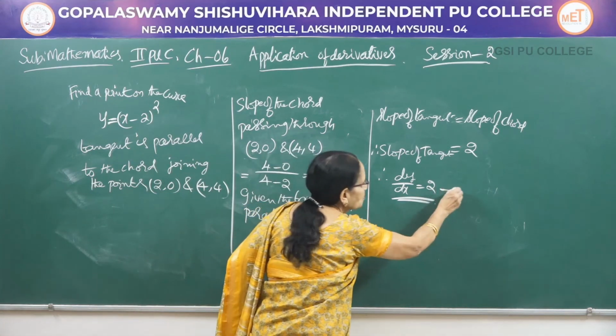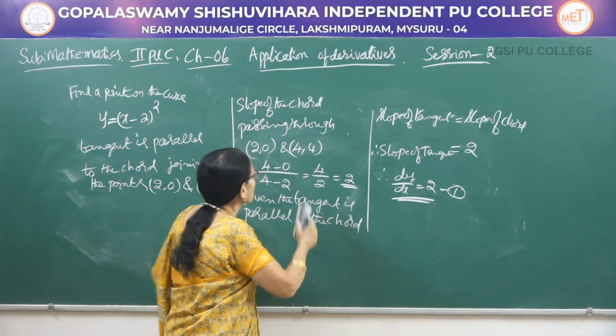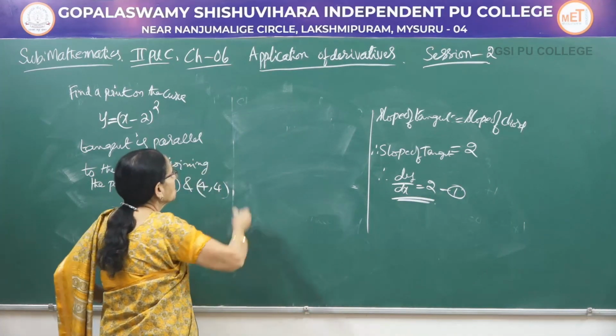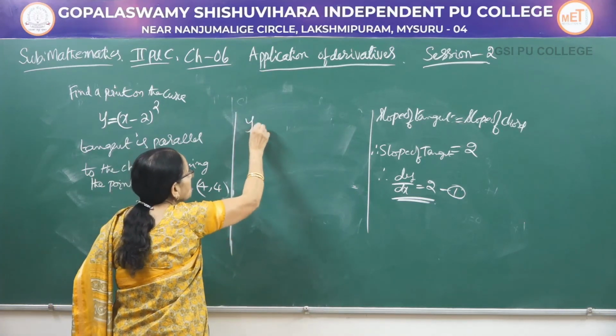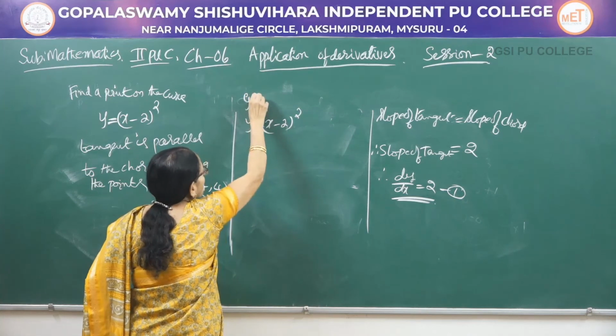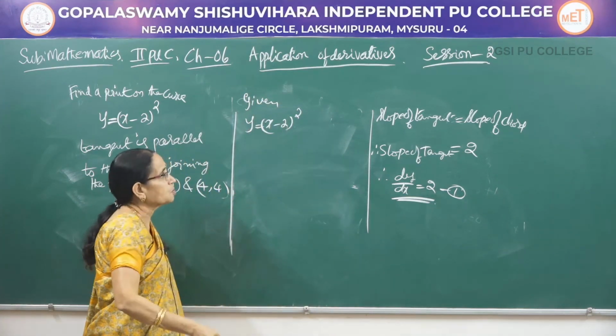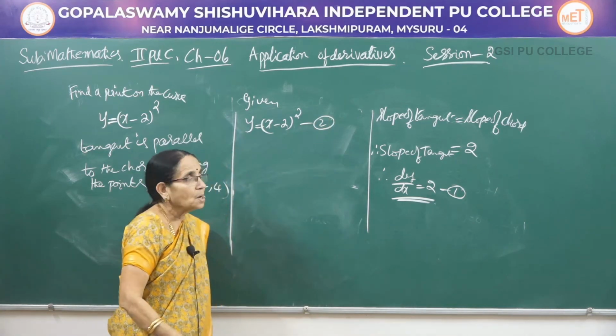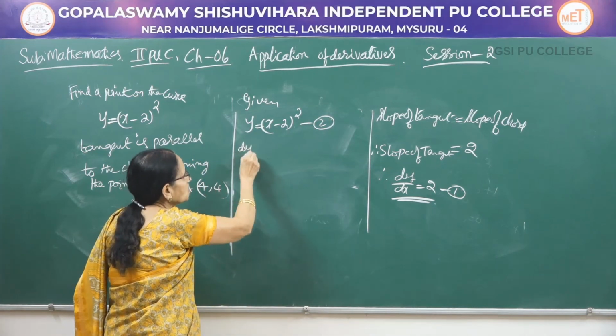Take this as result 1. Now consider the function. What is the function? y is equal to (x minus 2) whole square. Give it the number 2. Differentiate with respect to x.